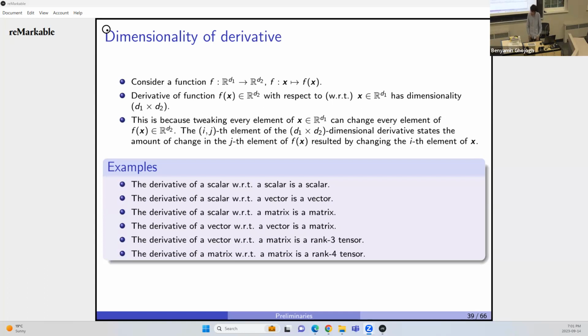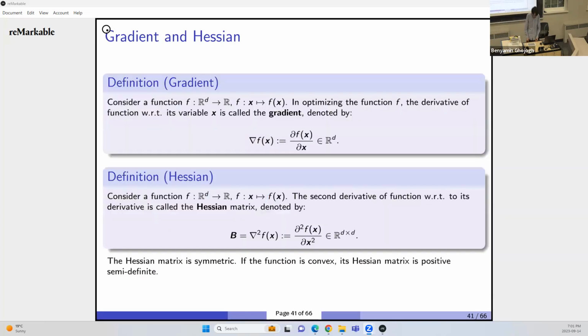So where were we? We talked about dimensionality of derivative in the previous session. Now let's talk about gradient, Jacobian, and Hessian. In simple words, gradient, Jacobian, and first order derivative are the same thing.